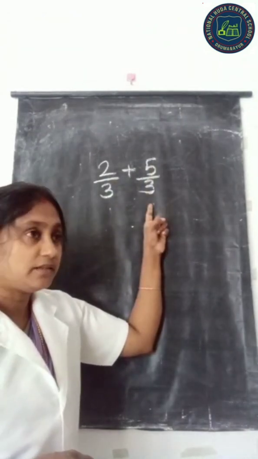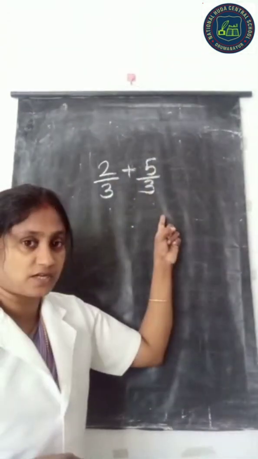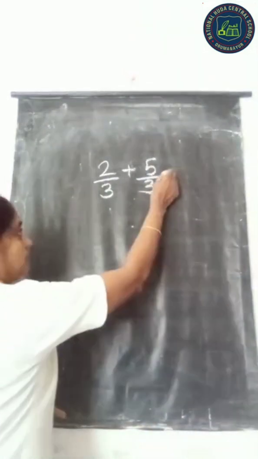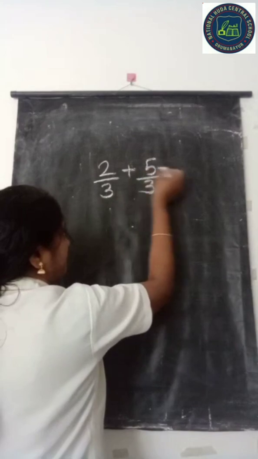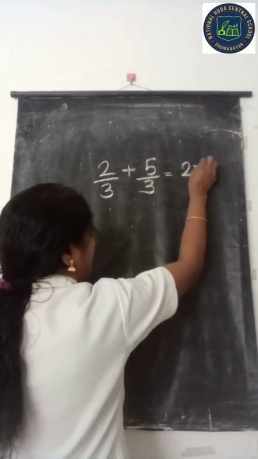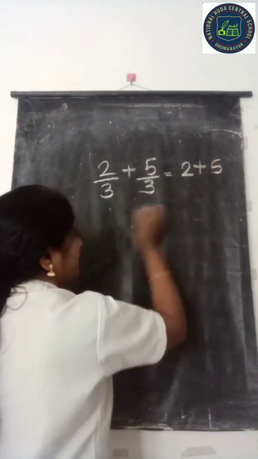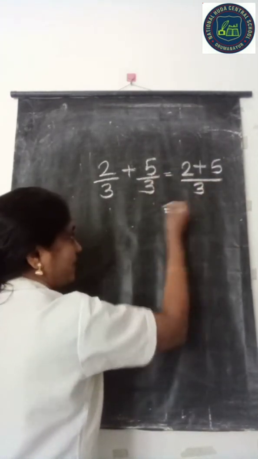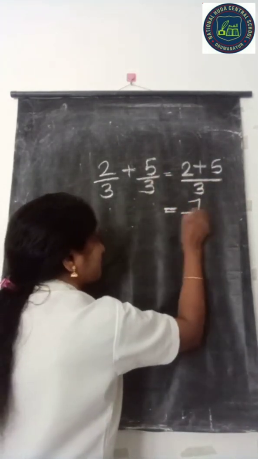That means these two fractions are like fractions. So it's very easy to add like fractions. First we add the numerators, 2 plus 5, and divide by the denominator, that is 3. So our answer is 2 plus 5 equals 7/3.